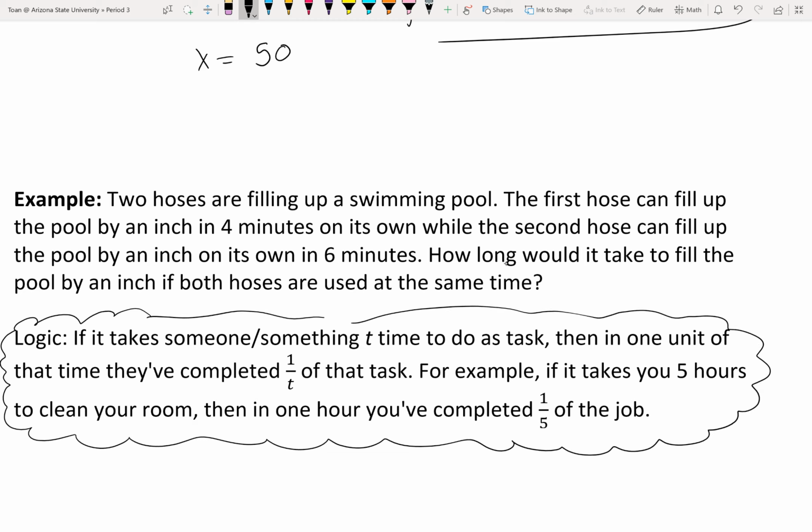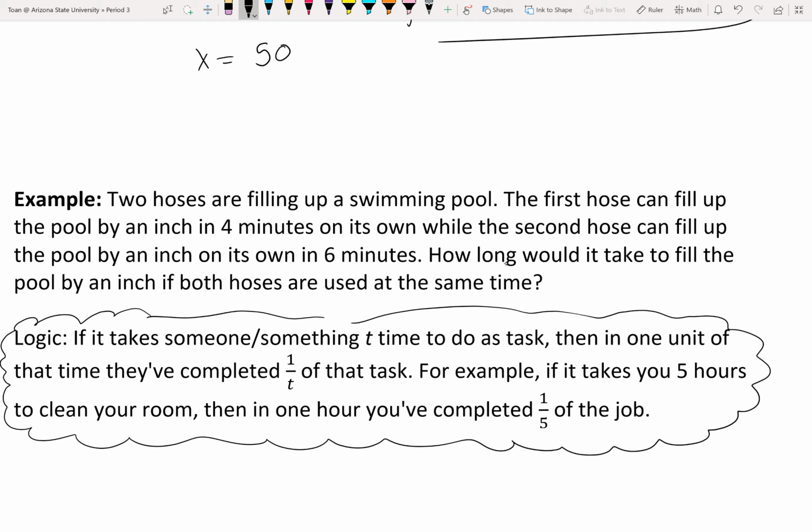The idea is this. If you know the total amount of time it takes to do something, then to figure out how much of the job you've completed in 1 unit of time is just the reciprocal. Now, if all that doesn't make any sense, that's why I put a concrete example. So suppose it takes you 5 hours to clean your room. You either have a really big room or a messy room, who knows?